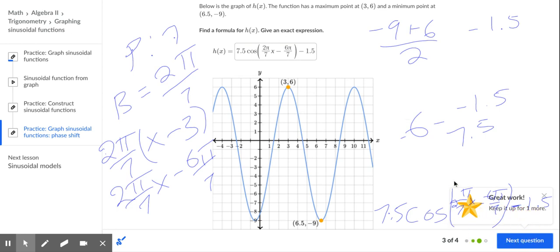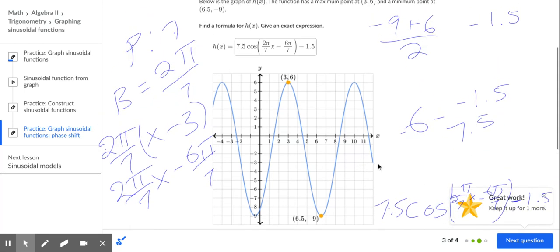And there we go. So that is how you make an equation with a shift from a graph.